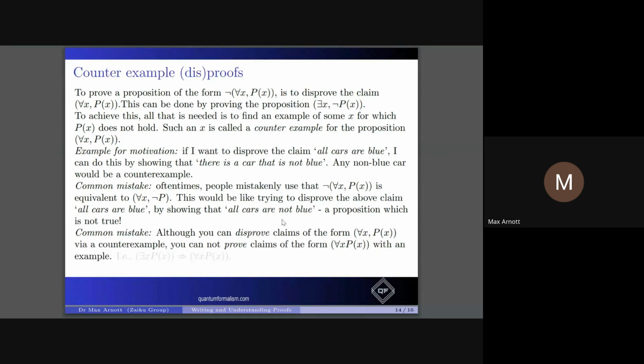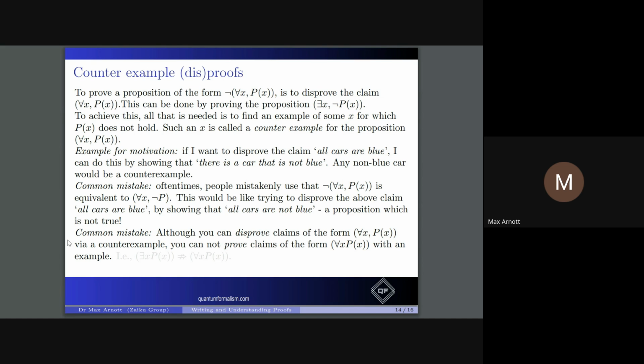Another common mistake that you see all the time is people trying to prove claims of the form there exists, rather than to disprove them with a counterexample. And this is something which mathematicians maybe differ from a lot of sciences on, by saying no matter how many examples you find me, I'm not going to believe it until you've proved that it holds in every single case.